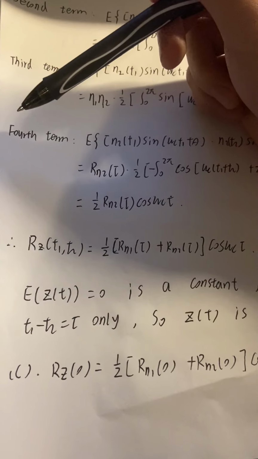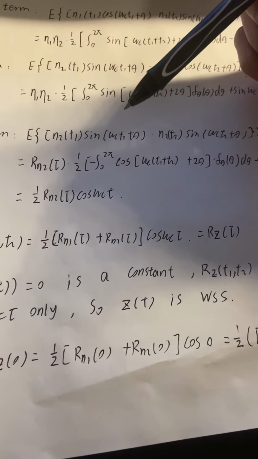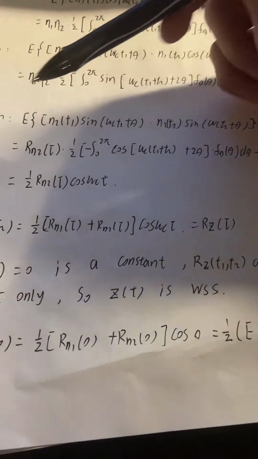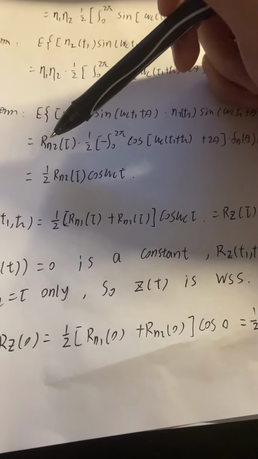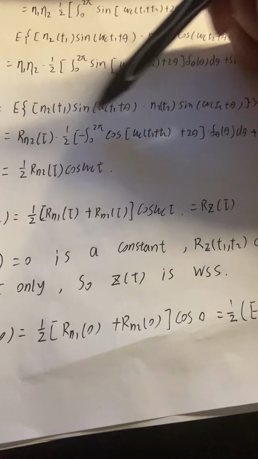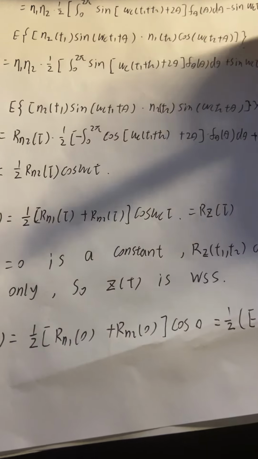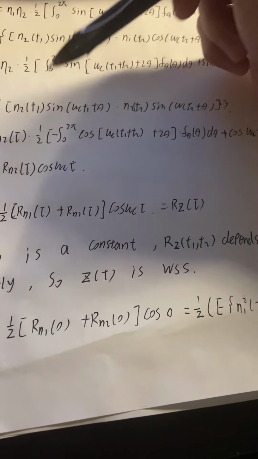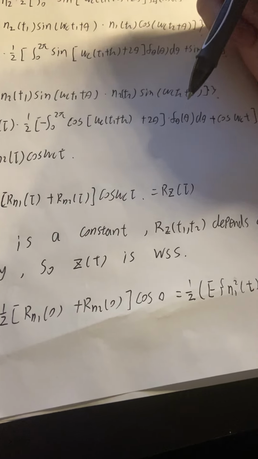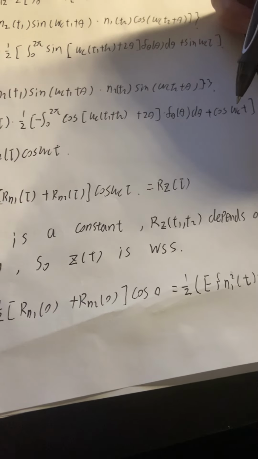For the fourth term, it is the same. We take N2(t1) and N2(t2) outside, and it will be R_N2(tau). For the inside term, we use the product-to-sum formula, this term will be equal to 0, and we still have cosine(omega_c tau).